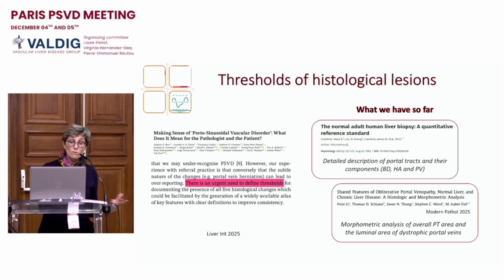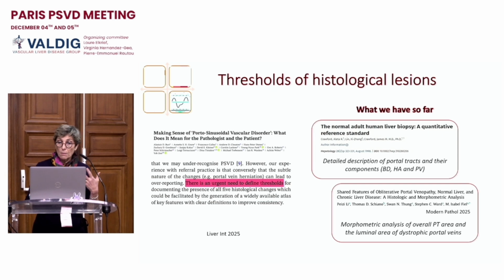If we go back to the literature, we have a quite old paper published by James Crawford that perfectly described what should be a normal portal tract, the number of bile ducts, the number of hepatic arteries, and so on, the size between the different structures.